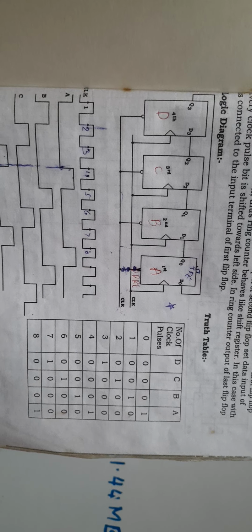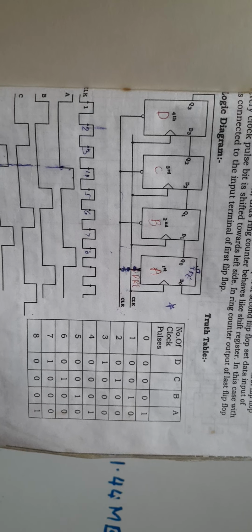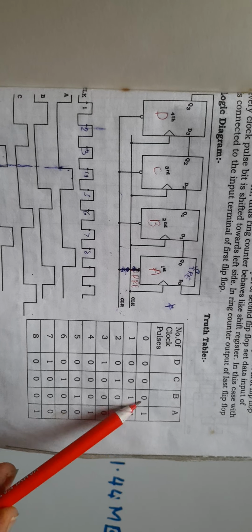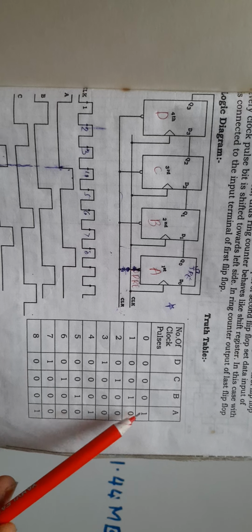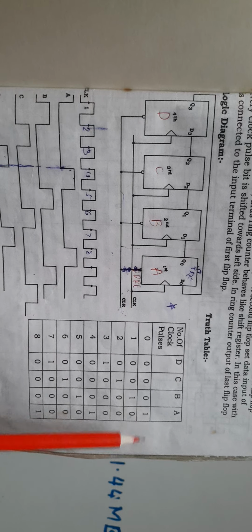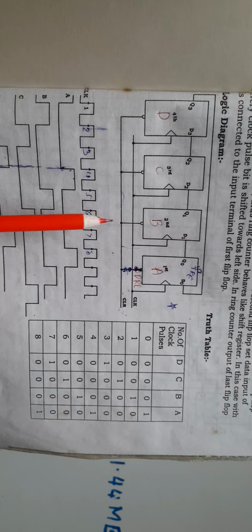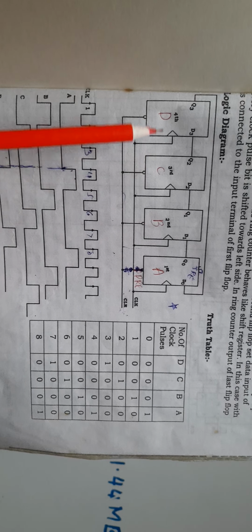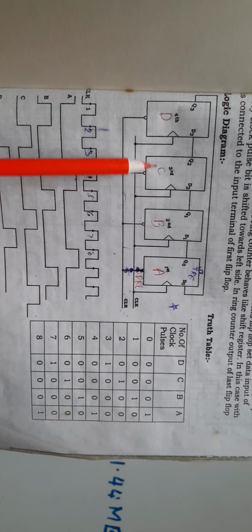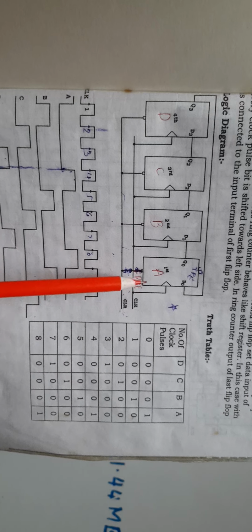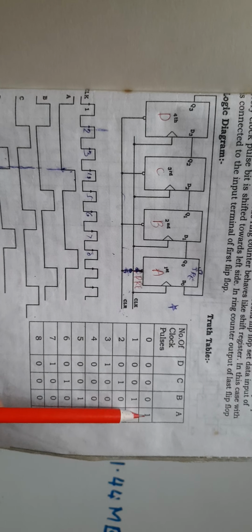Let's see ring counter. As the name suggests, when one bit is set and other bits are reset, the set bit rotates in the form of a ring. If a high or preset pulse is given to A flip-flop and a clear pulse is given to B, C and D, then the output of B, C and D will be 0, 0, 0, and since the preset pulse is given to A flip-flop, the output of A will be 1.